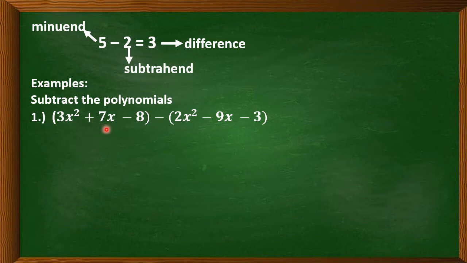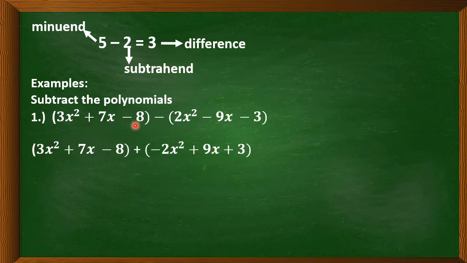First, copy the minuend, 3x squared plus 7x minus 8. The operation sign is being changed from subtraction to addition. That's why we have here already a plus sign.